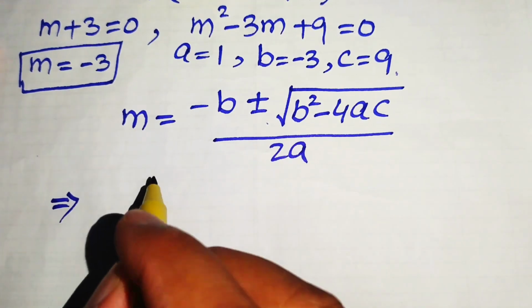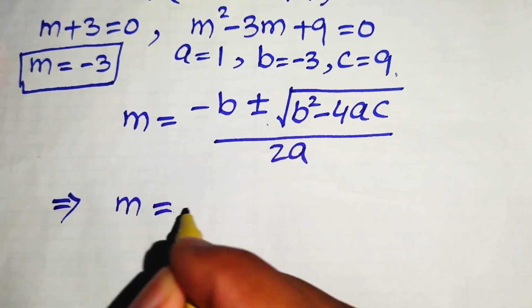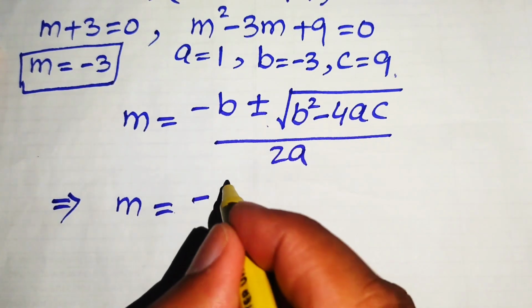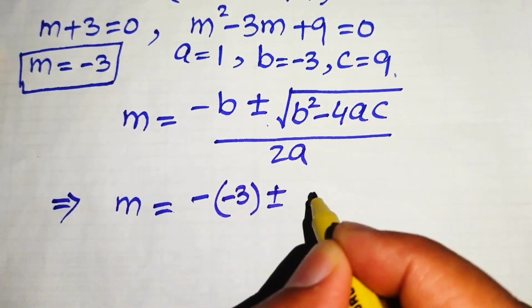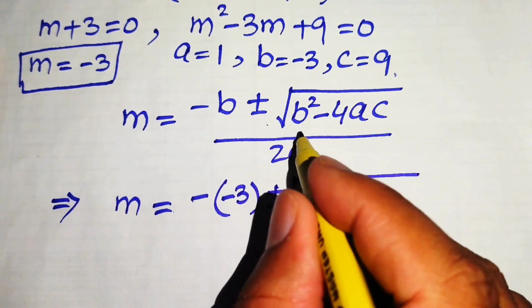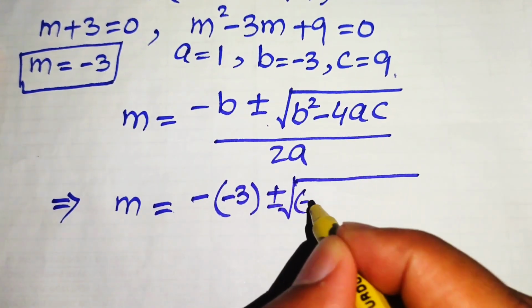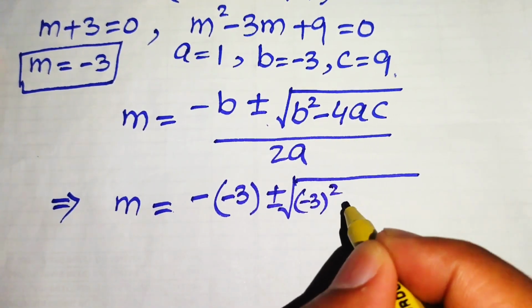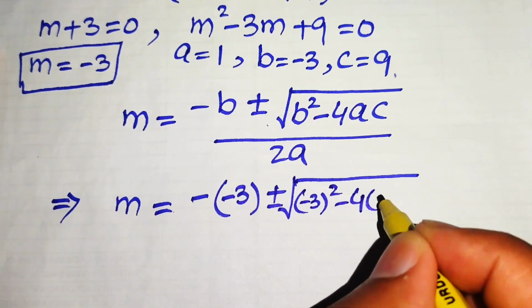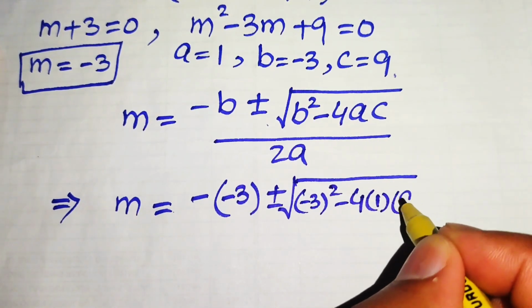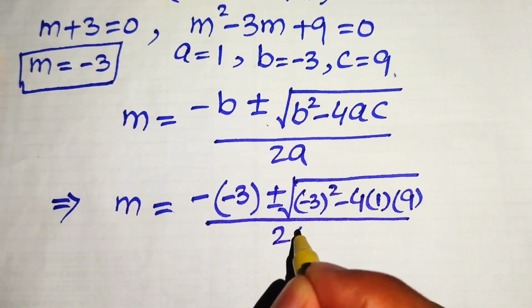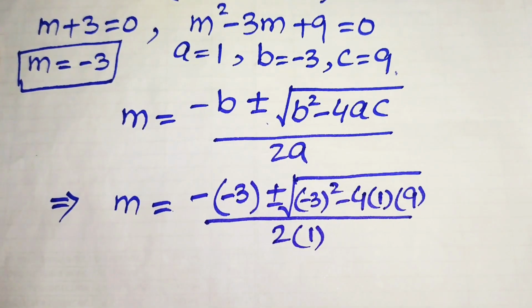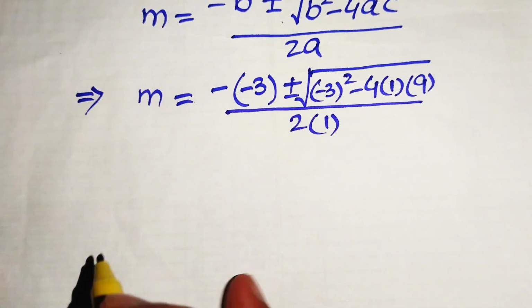So m equals minus b, and the value of b is minus 3, plus minus square root of b square. So our b is minus 3 square, minus 4 times a is 1, and c is 9, and this whole divided by 2 times a, and our a is 1.